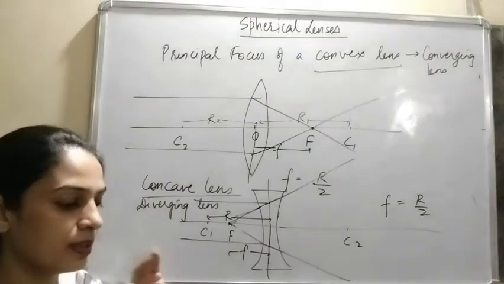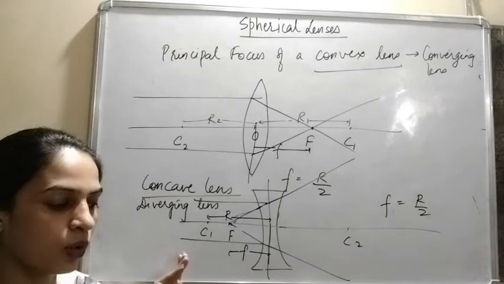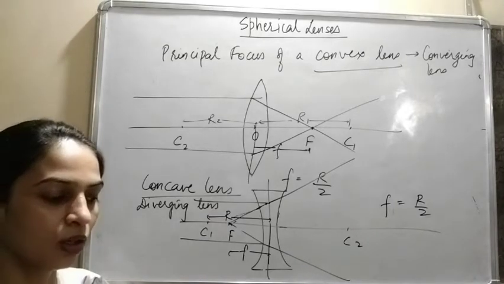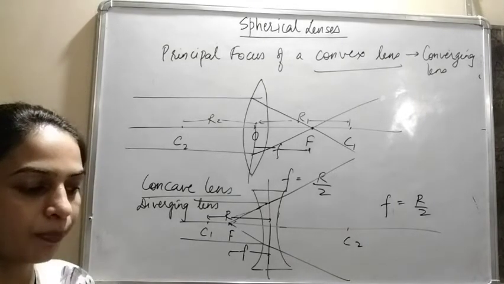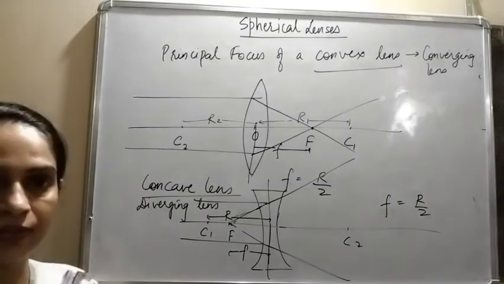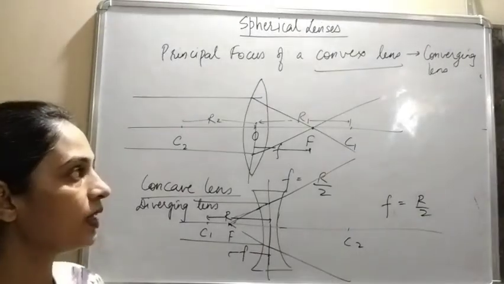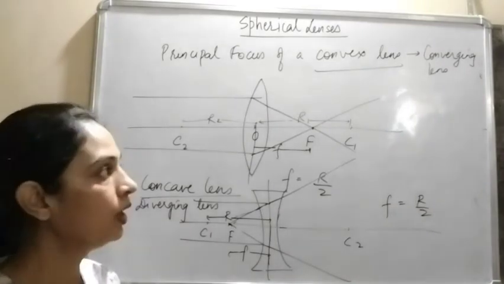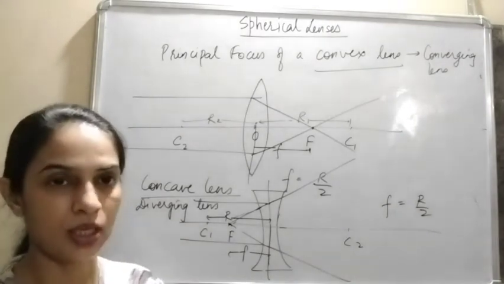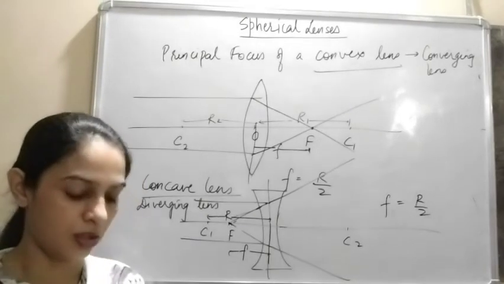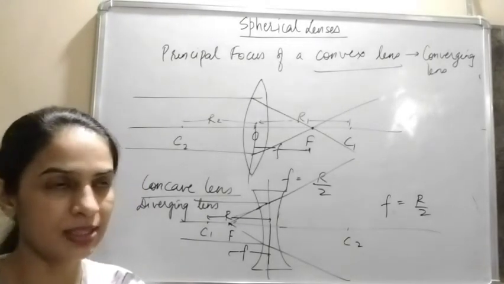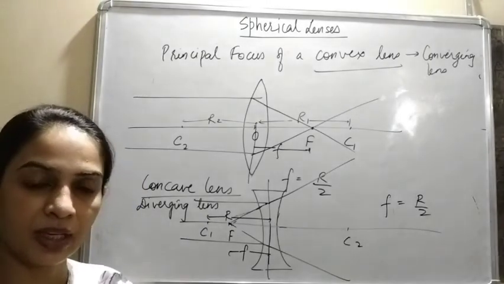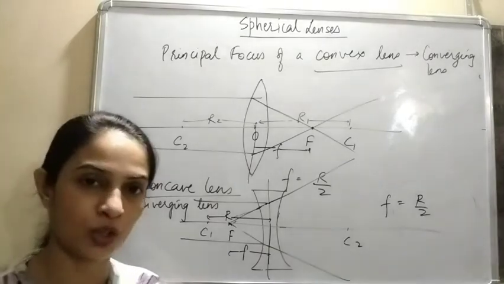So this is the principal focus and focal length of a concave lens and a convex lens. In the next class we will study how images are formed using the two spherical lenses. Till then, please revise spherical lenses and the important terms, and make your notes. Thank you.